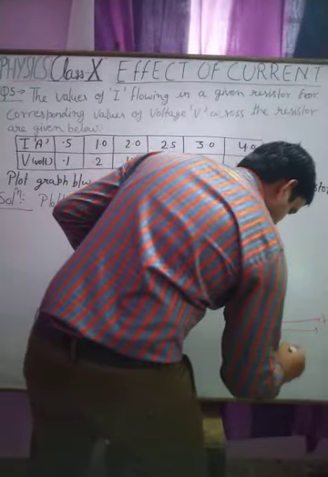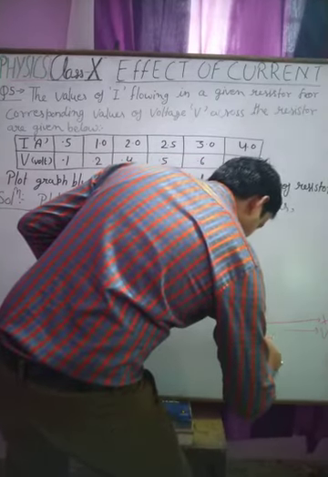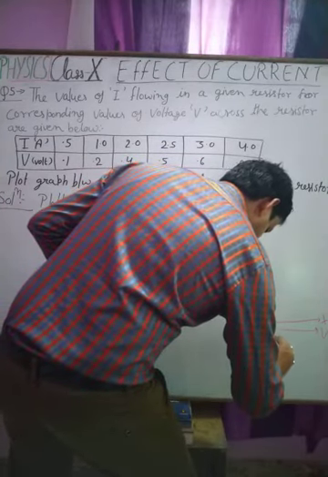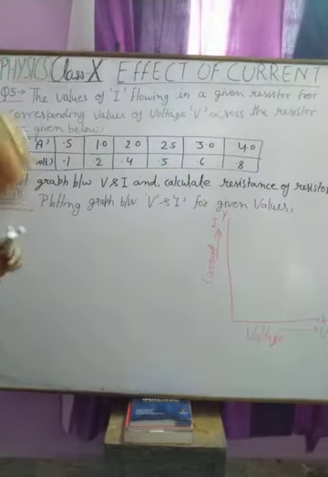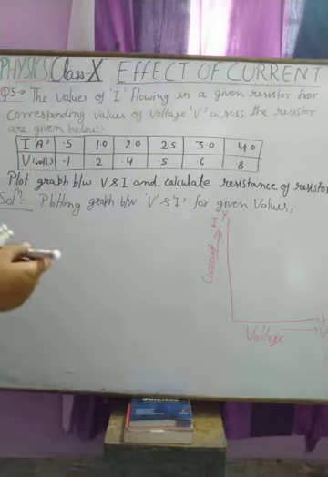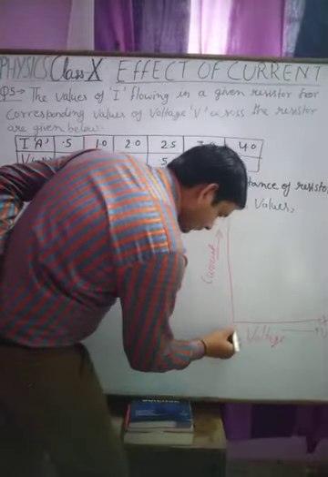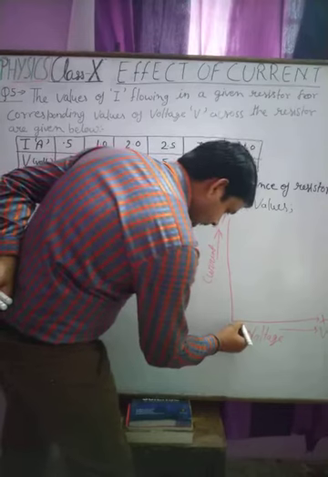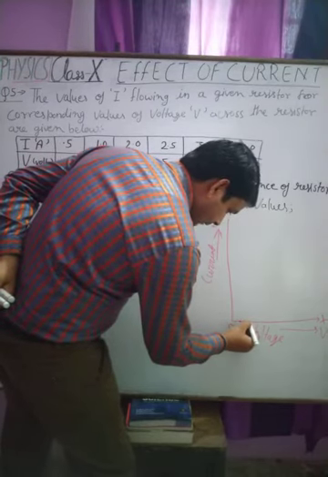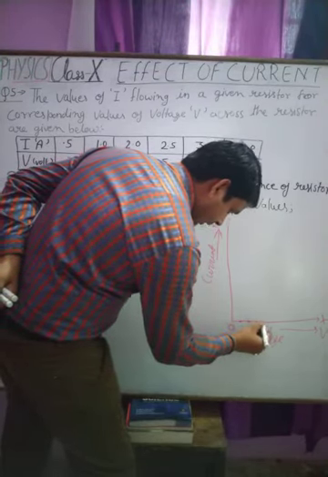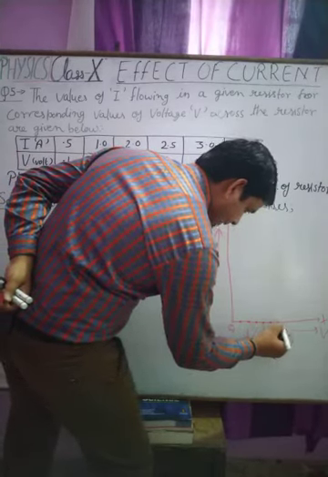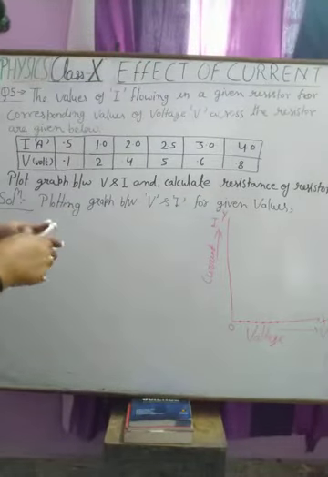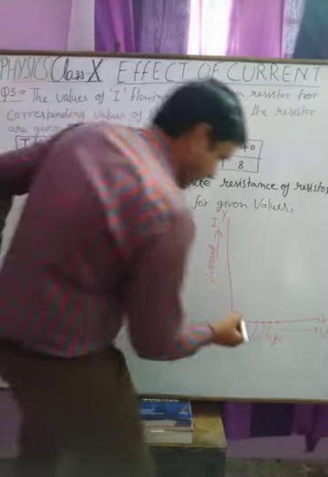Current, voltage. Okay, now we are plotting these points: 0, 0.1, 0.2, 0.3, 0.4, 0.5, 0.6, showing these points with the help of a black marker.